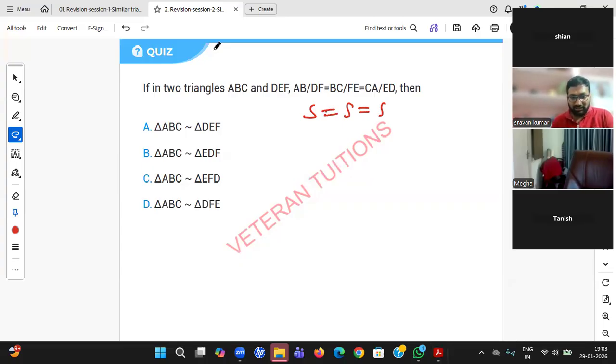Very good, Karthik. That was right. Previous question, Narendran right, Ankita right. Harshini right, Tanish right.